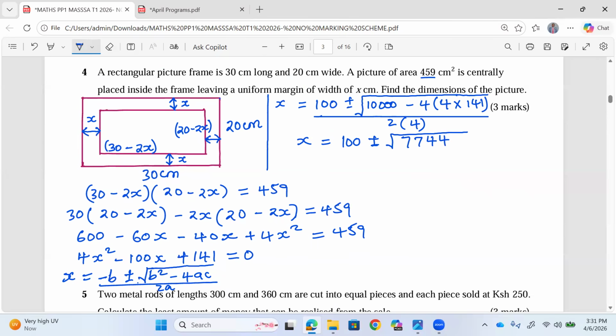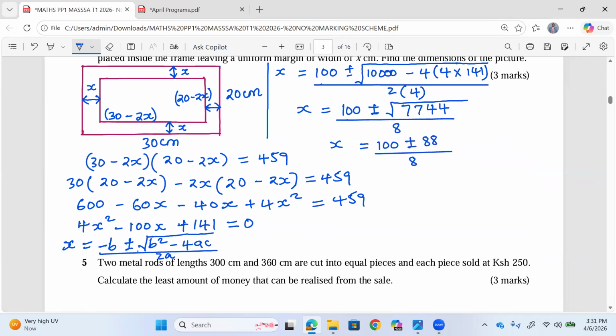Everything over 2 times 4, which is 8. x equals 100 plus or minus the square root, which becomes 88, over 8.